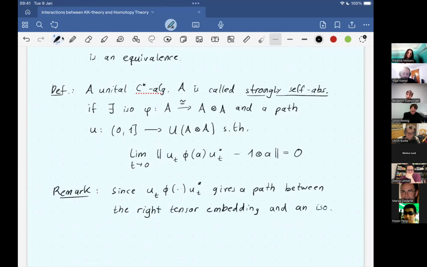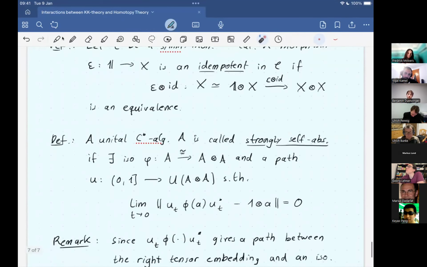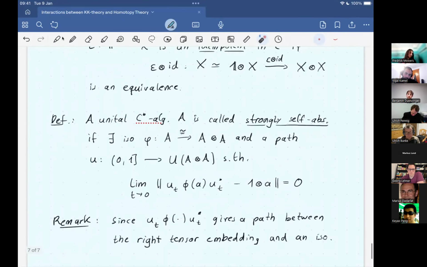And if you look back at the definition of what an idempotent in C star H is, it's not exactly that, but this condition here will imply this. Because then I have a C star algebra A here, and I have this path that connects the right tensor embedding, like this one, with an isomorphism.